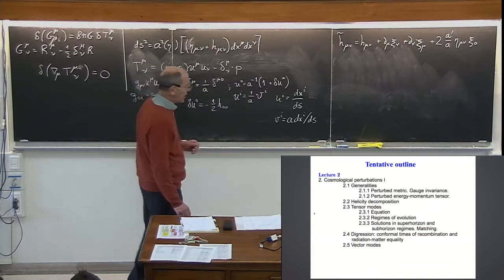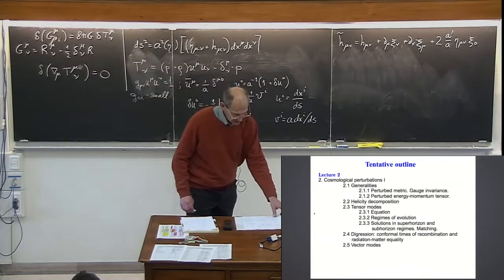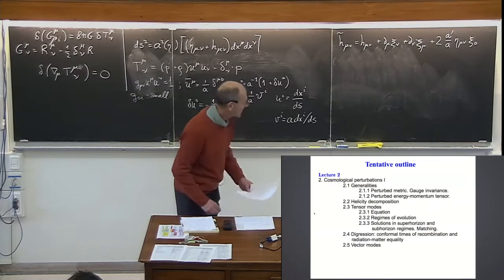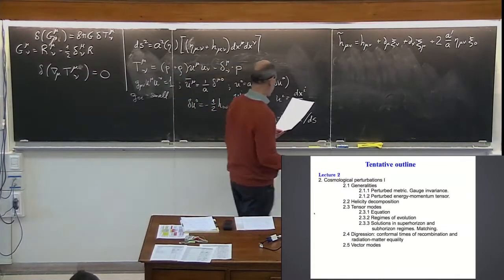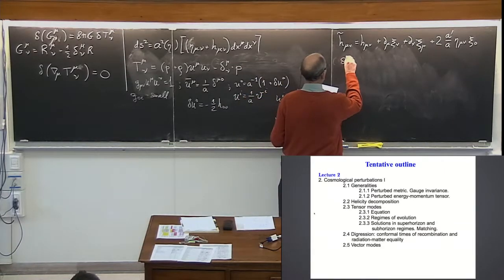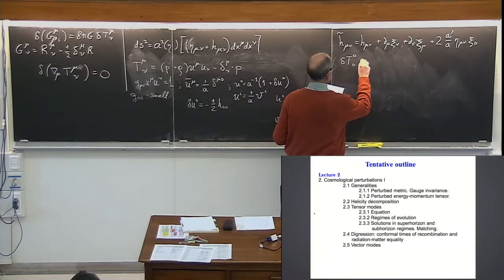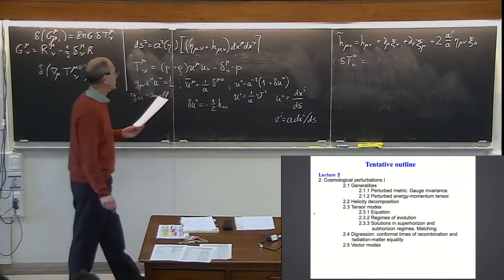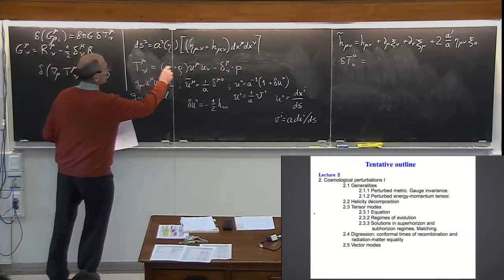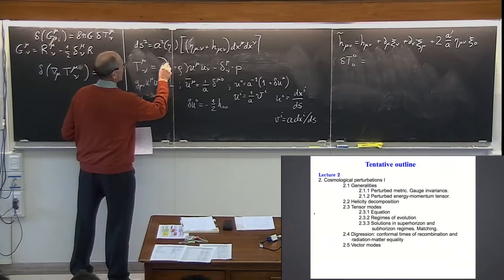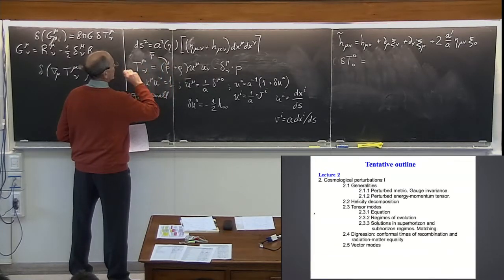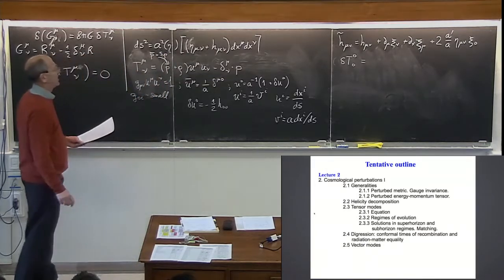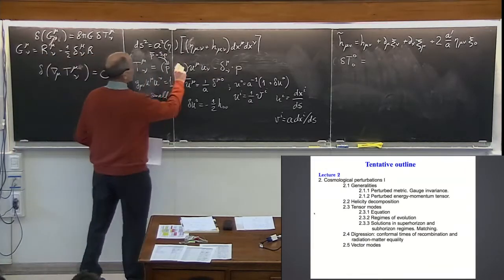Right, so then we can plug this into the expression for the energy-momentum tensor and immediately arrive at the following expression for the perfect fluid. Our p and rho are actually the background value, which I temporarily write with a bar, and rho the same, right?